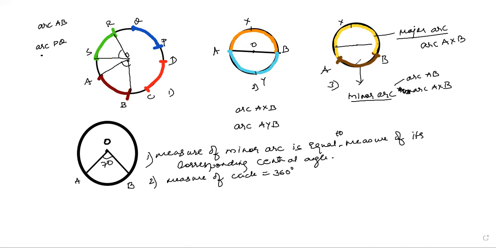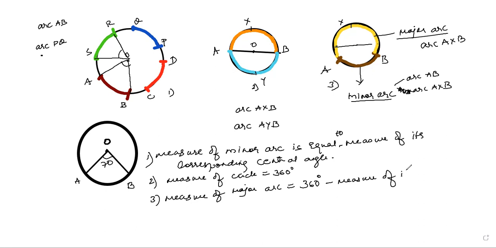Now look, for minor arc AB there is a corresponding major arc AYB. Now I want the measure of a major arc. The measure of a major arc is always equal to, children, 360 degrees minus the measure of its corresponding minor arc.